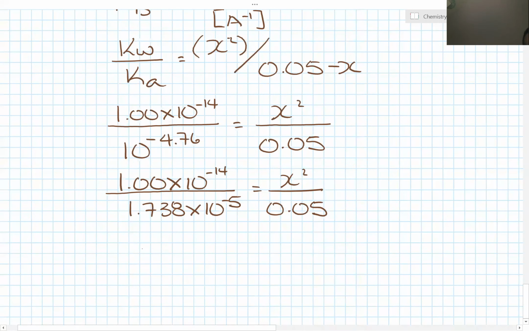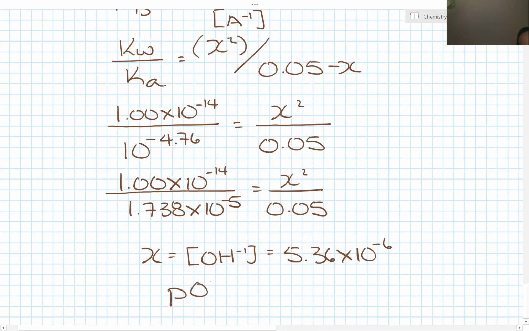So you solve for x, which is the concentration of OH minus. So 1e negative 14 times 0.05 divided by 1.738e negative 5, and then we square root it. So we get 5.36 times 10 to the negative 6.